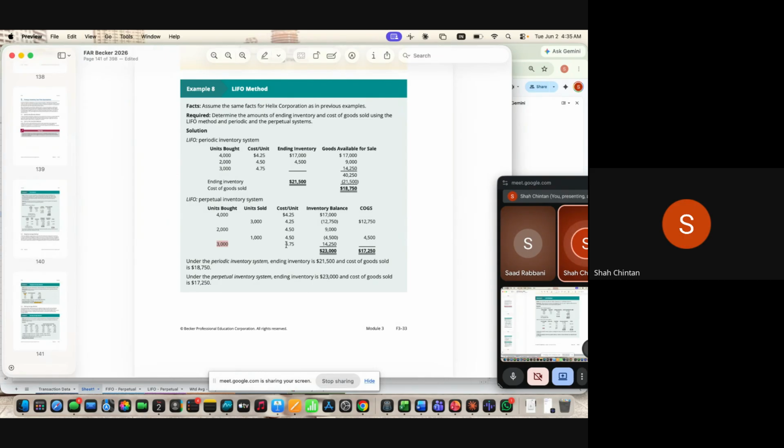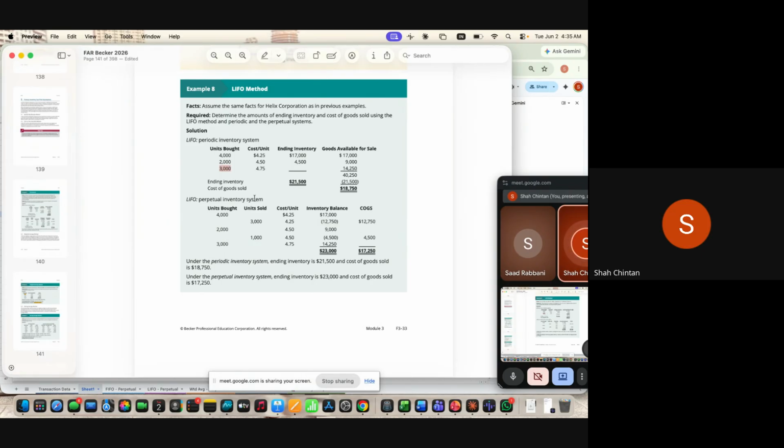To answer your question कि दोनों के values अलग अलग क्यों है, in periodic inventory आप पूरे साल wait करते हो and then you prepare your cost of goods sold and ending inventory. So whatever sales you have done for 4,000 units, you are reducing from the latest purchase first. So even though these 3,000 units, let's say, are sold in the month of January, these are subtracted from the December purchases because you are using a LIFO method and you are waiting for the entire year to get done.